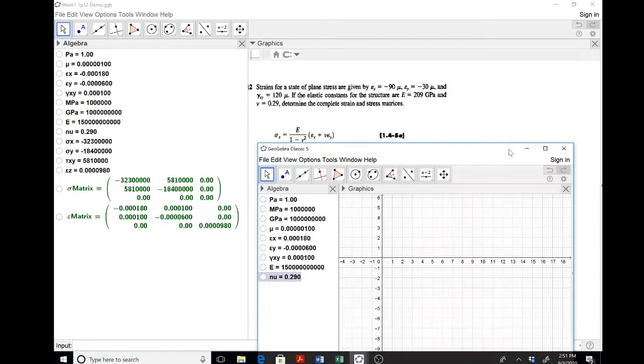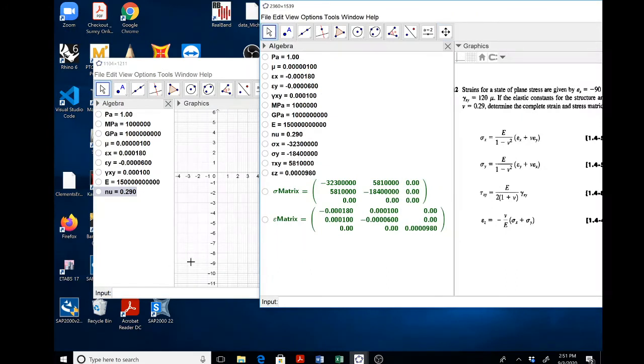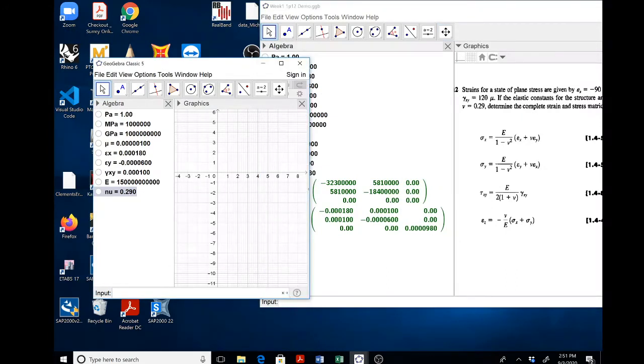I'm going to say, I'll move it over here. I will say sigma x is equal to E over 1 minus nu squared times, and it's a space bar, or you could put in a star, but it looks a little nicer without the ugly star, epsilon x plus nu space epsilon y.